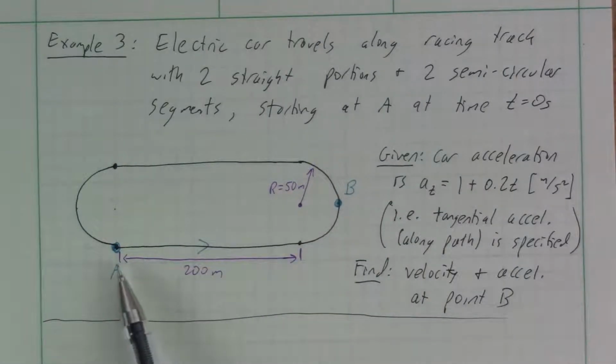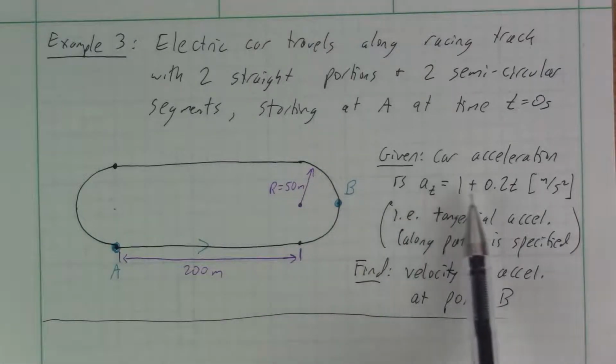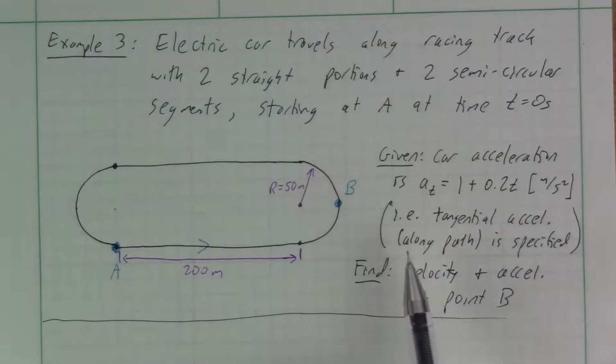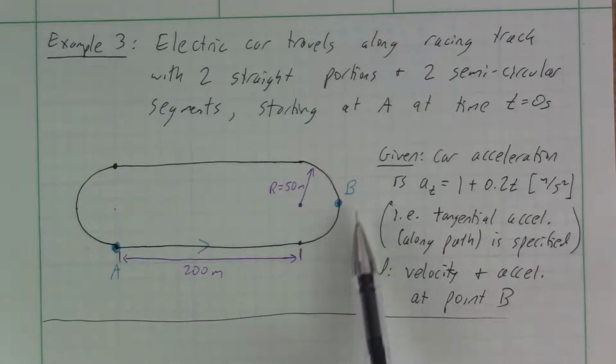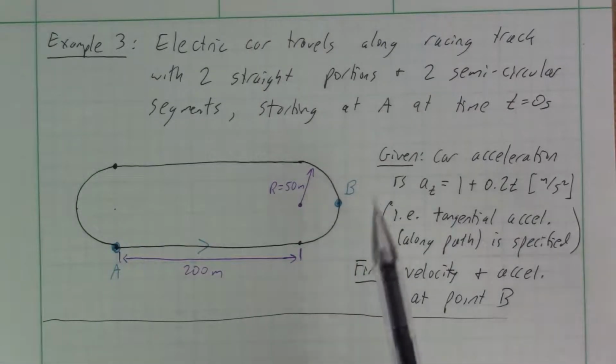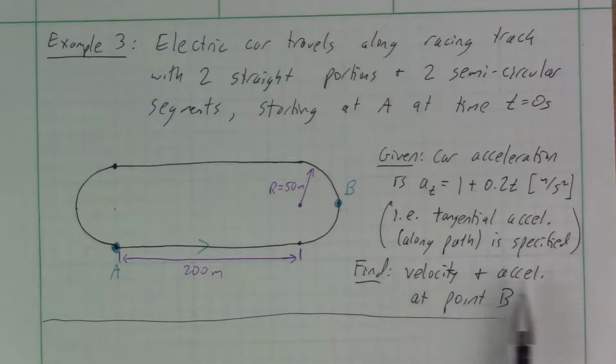We're going to put the electric car here at A at time 0 and specify the tangential component of acceleration. This is the acceleration along the path throughout the entire progression of the car from A to B. And from this specification, we want to determine the velocity and the acceleration at point B.